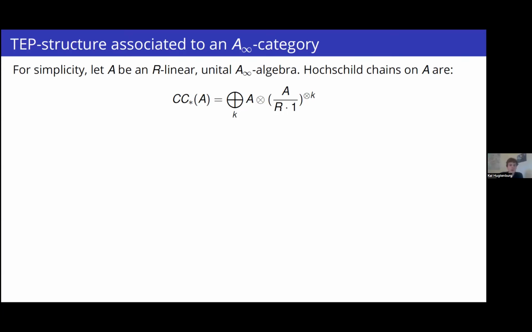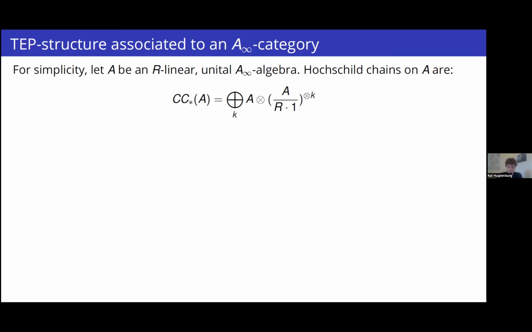But in the technical setup I will work in, my A infinity algebra is actually going to be unital. In the technical setup I work in, there are strict units in the A infinity algebra. But for simplicity, I'll assume this is always the case because it makes the notation a lot easier.